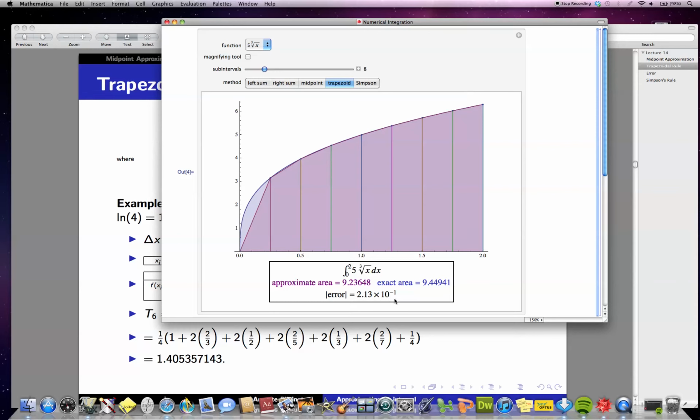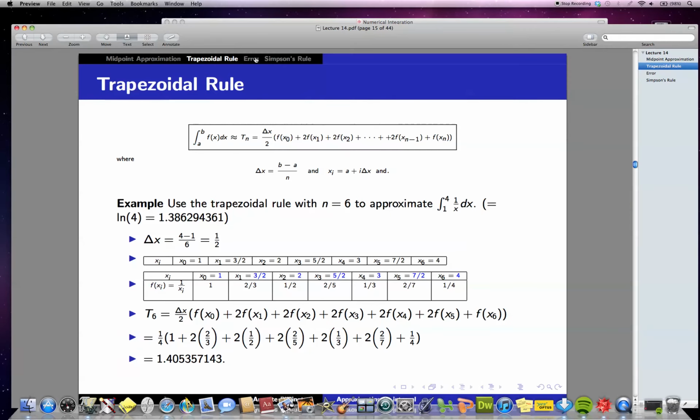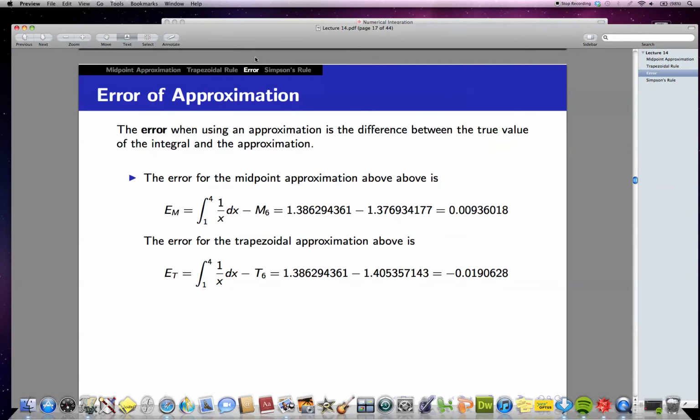So the error with this trapezoidal approximation is actually greater than that with the midpoint approximation. And you'll find in general that the midpoint approximation is a very good approximation to use for these functions.